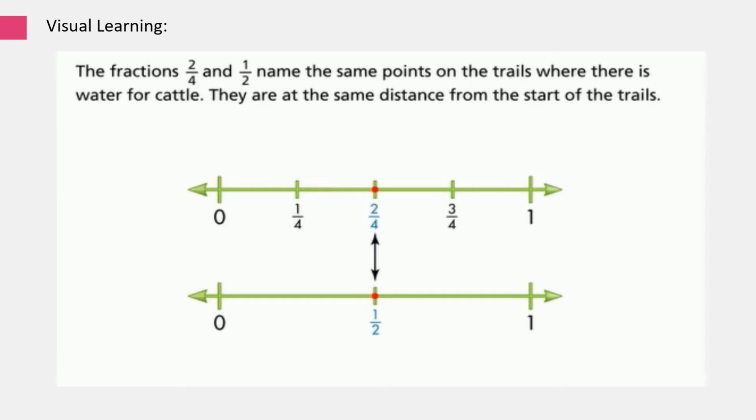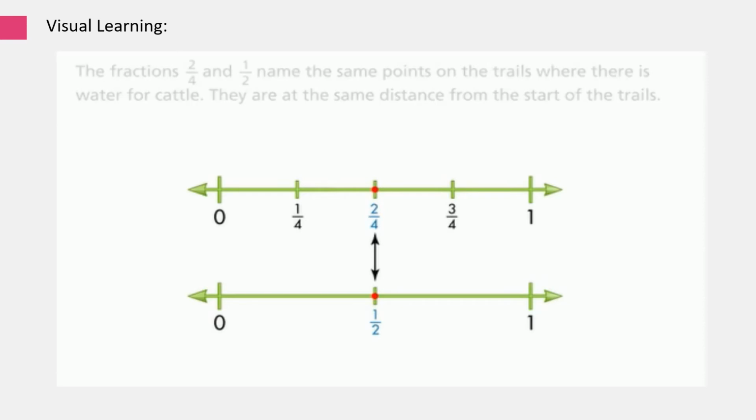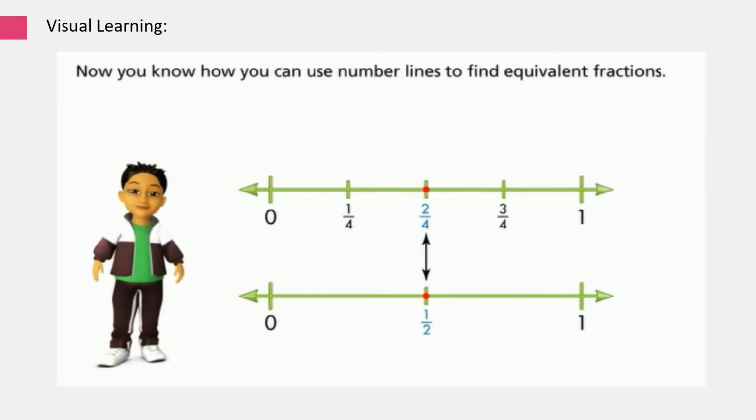They are at the same distance from the start of the trails. Now you know how you can use number lines to find equivalent fractions.